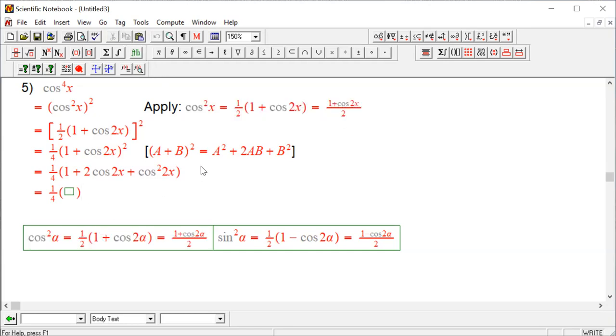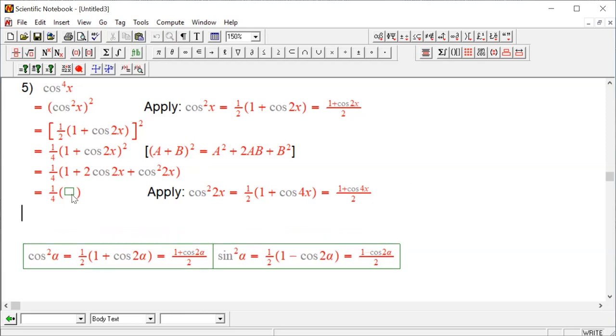We're still going to apply the same formula, but with slightly different symbols, because of cosine squared 2x. So alpha is replaced by 2x, and 2 times 2x is 4x. So 4x here. It's a repetitive use of the same formula.